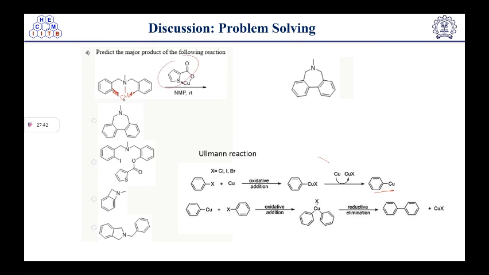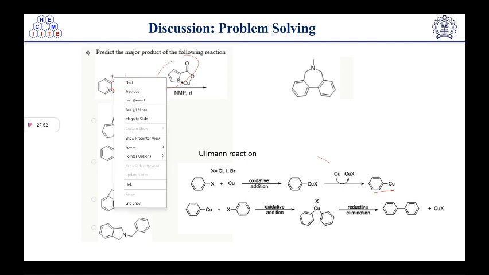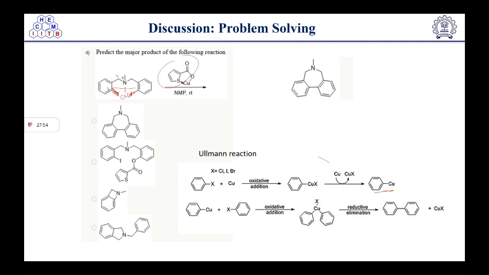After this, reductive elimination will take place, where bond formation takes place from here to here. One, two, three, four, five, six, seven, a seven-membered ring formation will take place and we will get the product here. So option A is the correct answer.